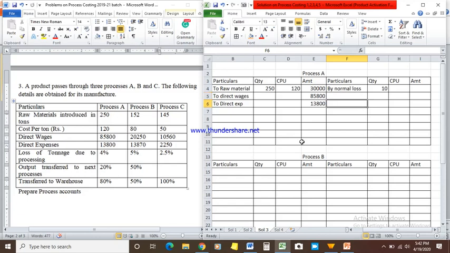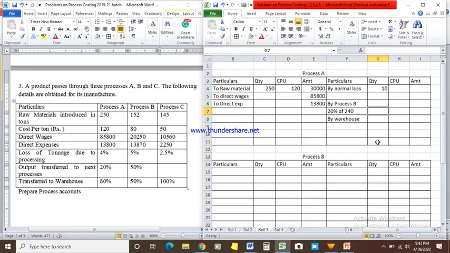In order to find out how much output is transferred to the warehouse and the next process, by next process, that is by process B. Next is by warehouse, or I can say as a stock. 20% is transferred to the next process. 20% out of 250 tons, 10 tons being the normal wastage, so 240.